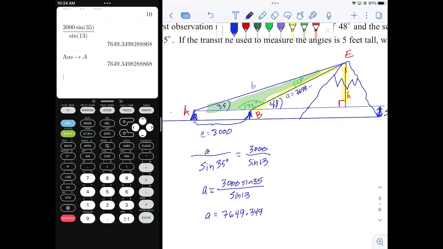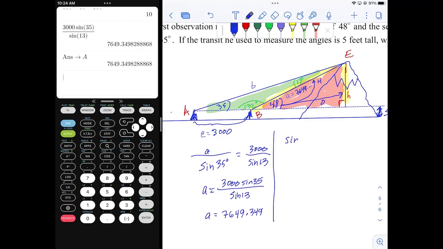Now, since I found that hypotenuse, I'm going to go ahead and use the smaller triangle. So I'm going to use this guy in red now to find H. And I don't need to use the law of sines anymore. I used it once to find the value that I need. Now I can use right triangle trigonometry. So if I have 48 as my base angle, I want to find the opposite side, and I know the hypotenuse. So which trig function is that? Opposite and hypotenuse, so that's sine.